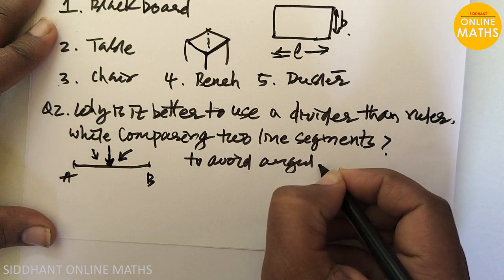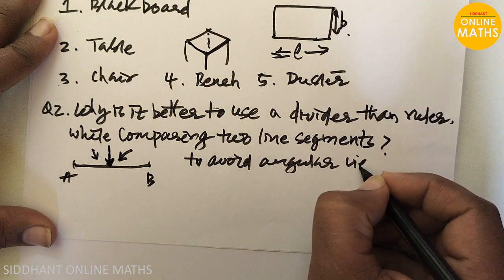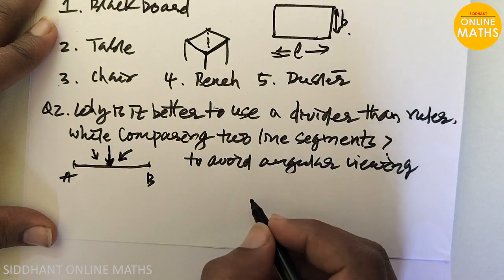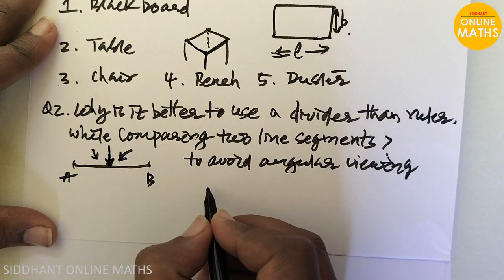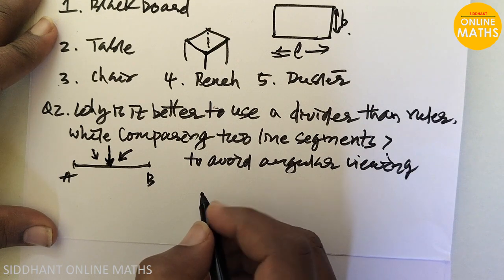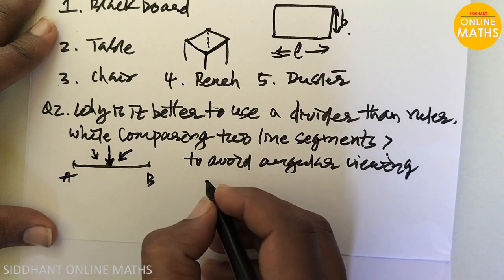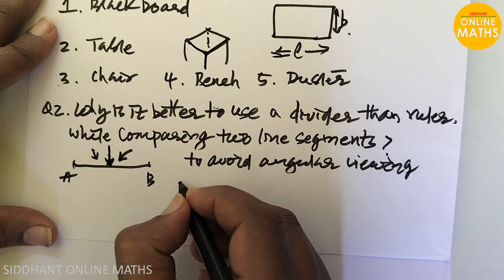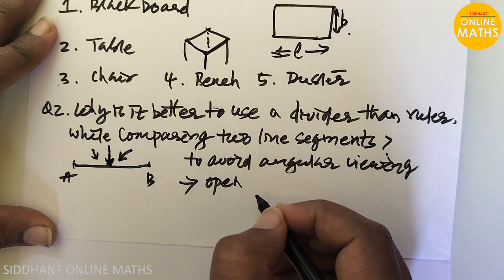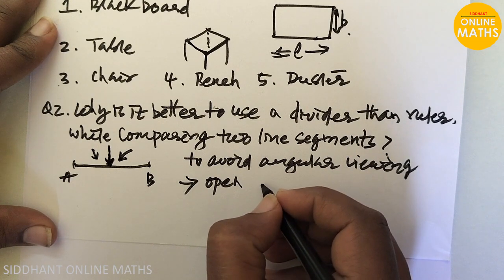So to avoid angular viewing, we are going to use the divider. When you use the divider, you don't have any problem. How do you use the divider? First you open the divider, and next you place the divider on the particular dimension.